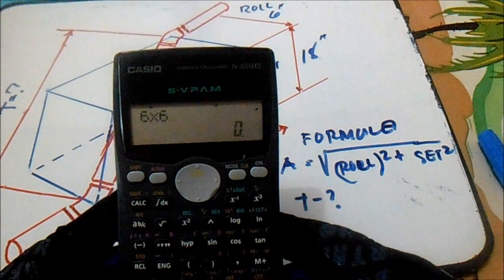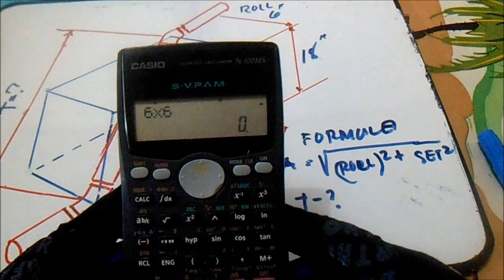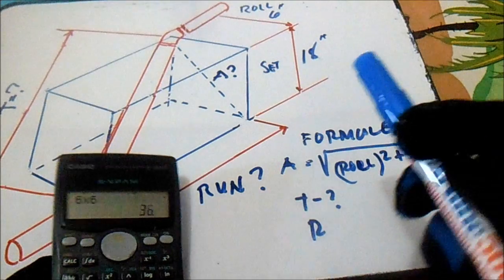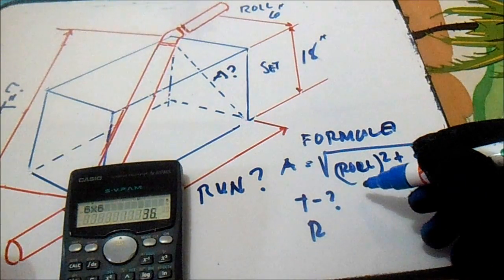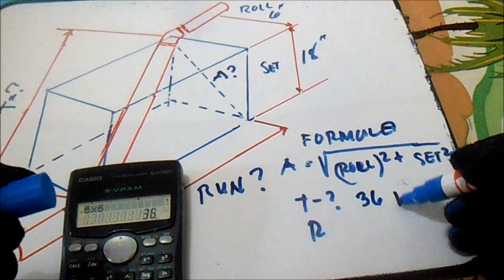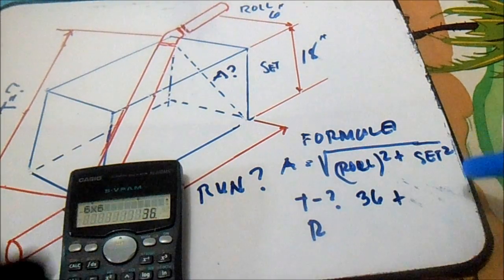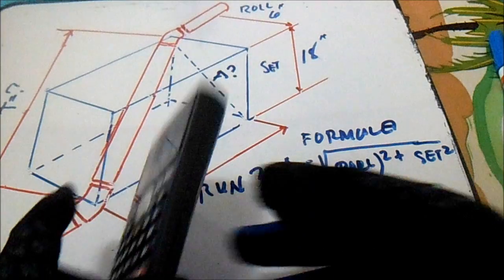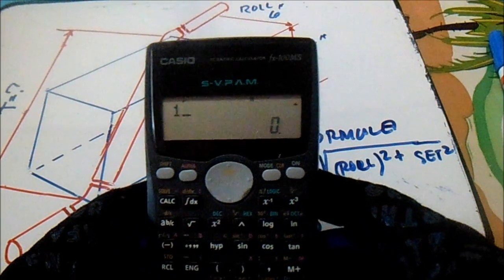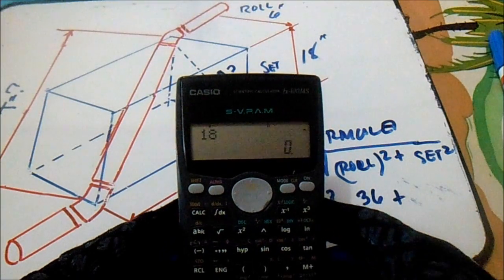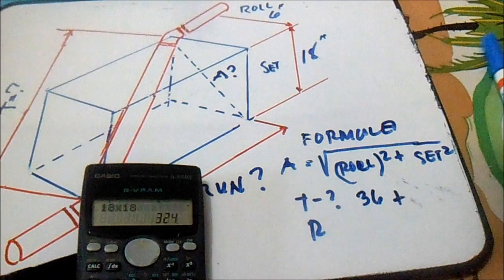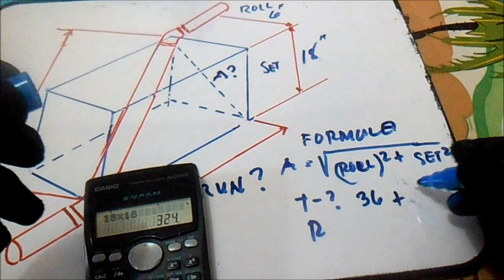Then 36. So our roll here is 36 plus our set is 18. So 18 multiplied by 18 equals 324.